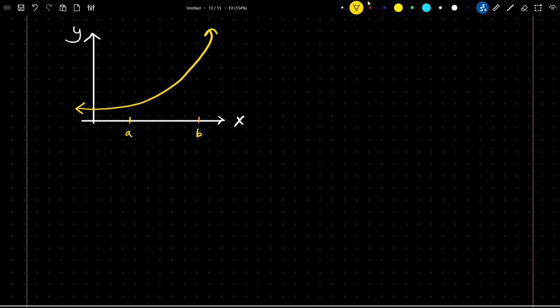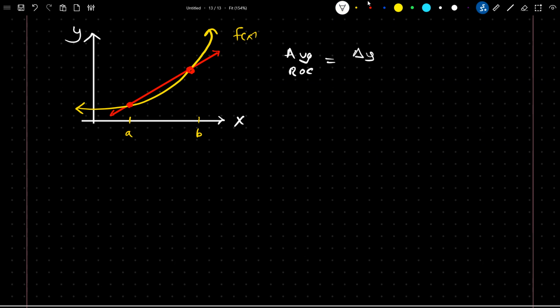Now, what we can do is construct a secant line that passes through A and B, and then find the slope of that secant line. That will give us the average rate of change of our function, which we'll call f of x, on this interval from A to B. We can define the average ROC to be equal to the gradient of the secant line.